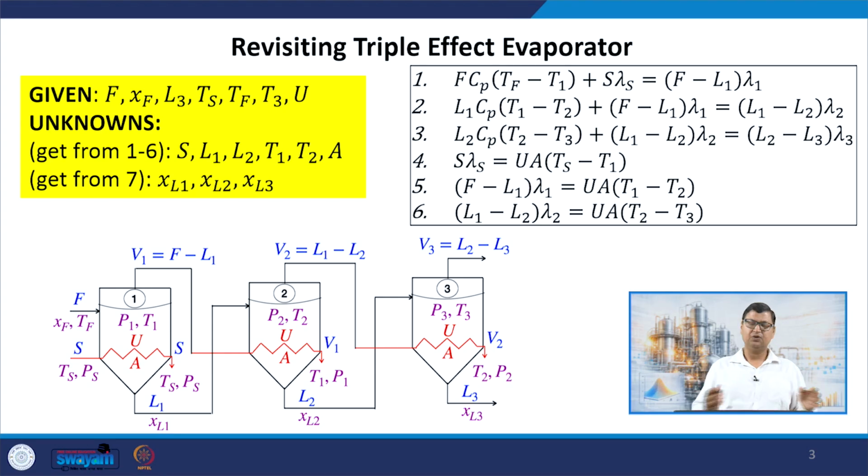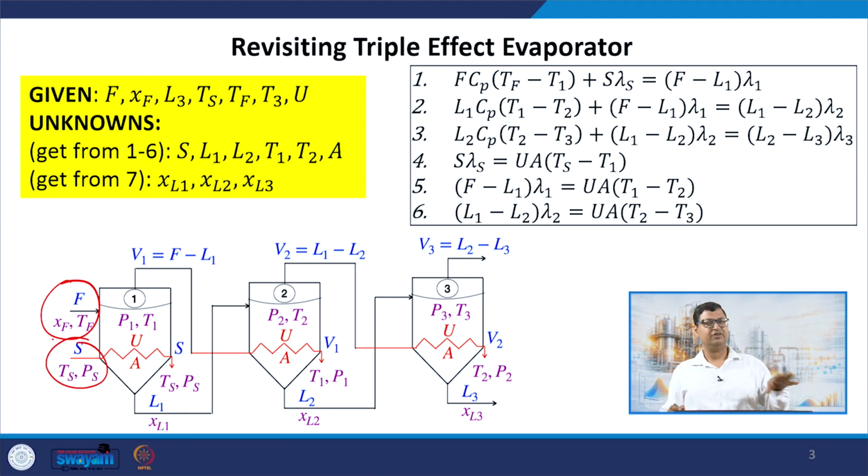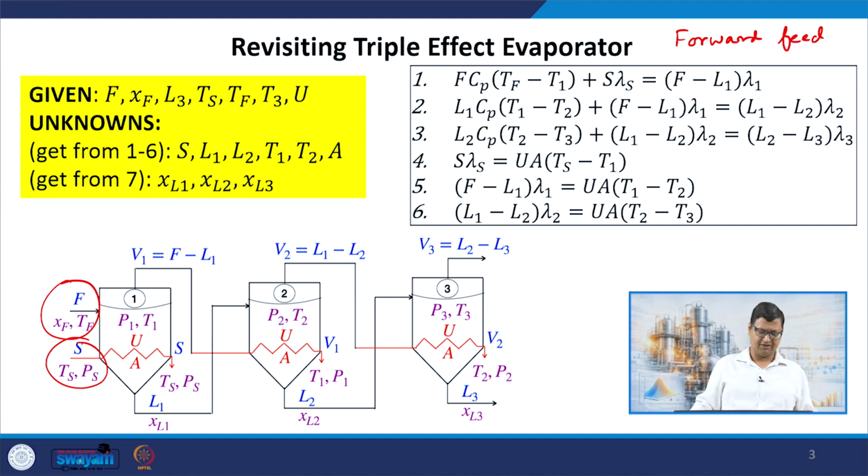So let us quickly recap what we have discussed in the triple effect evaporators. You can look at how we got these equations from the discussion of evaporators in this course. Basically, we have three effects here. Feed enters the first effect, and fresh steam is also supplied to the first effect if we have the forward feed. If we have the reverse feed, then the feed enters the last effect, but let us focus on the forward feed.